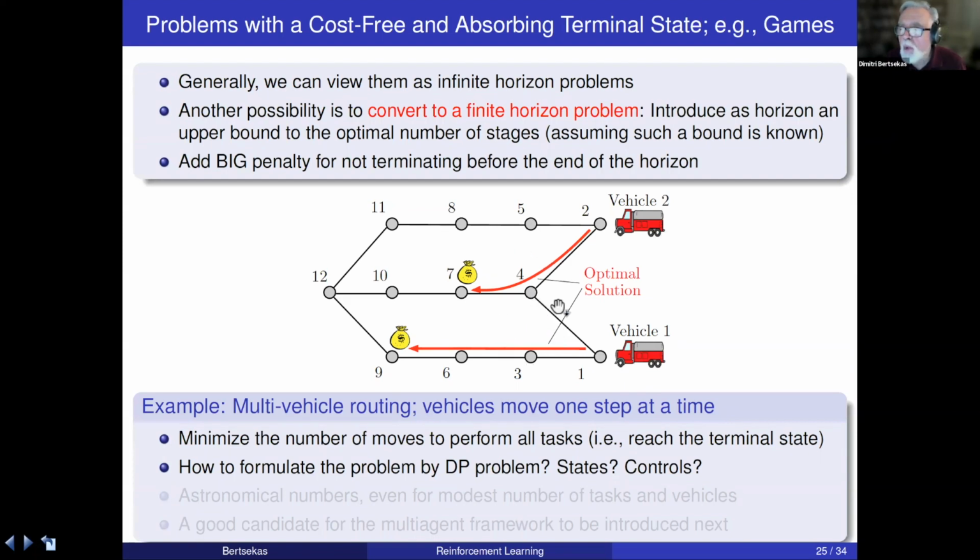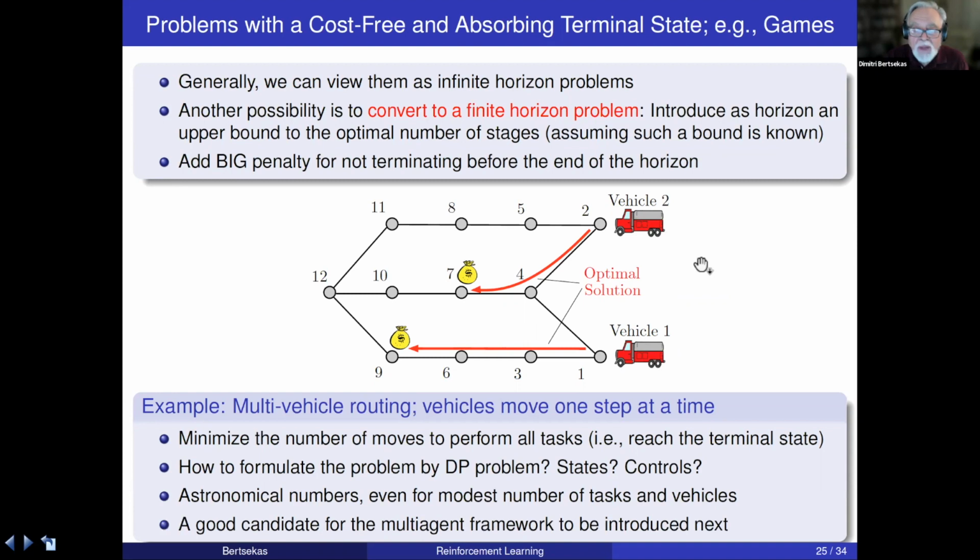All the possible combinations of joint moves of the vehicles are legitimate controls in this setting, it would seem. On the other hand, the number of joint moves of the vehicles also grows exponentially with the number of vehicles. And so it's a real problem. Even if you want to do rollout, the size of the control space is astronomical.